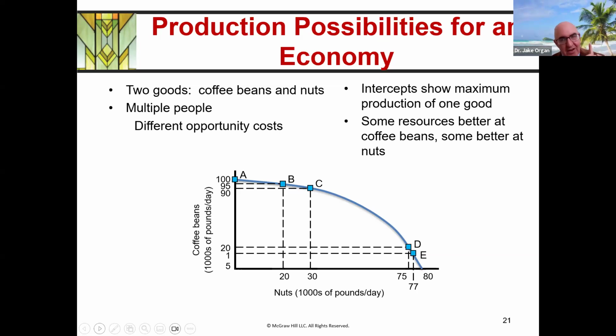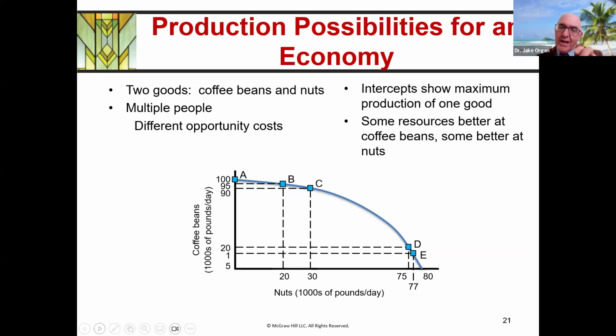The reason it's curved is that, let's imagine if everyone in the economy was told to make coffee, there was a problem, because obviously some of those people will not be so skilled at making coffee as they're skilled in making nuts. If everyone is having to do coffee, but there's loads of skilled nut makers, that means they're not going to be so good.